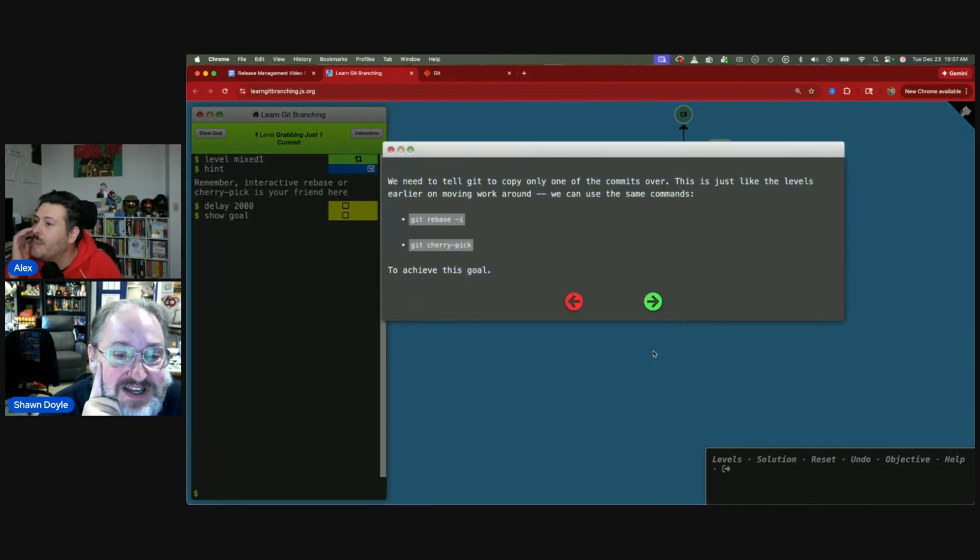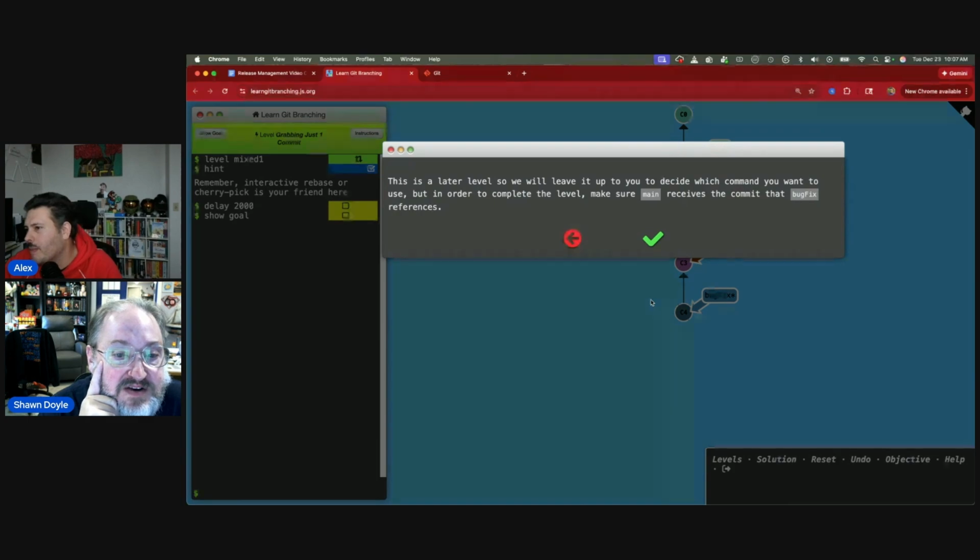Okay, so we need to tell Git to copy only one of the commits over. So basically, we're going to copy over just the commits that fixed the bug that he was looking for, and not the debugging statements.